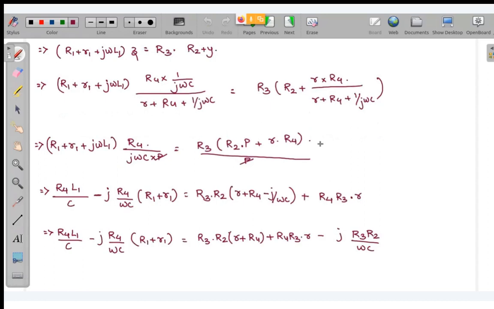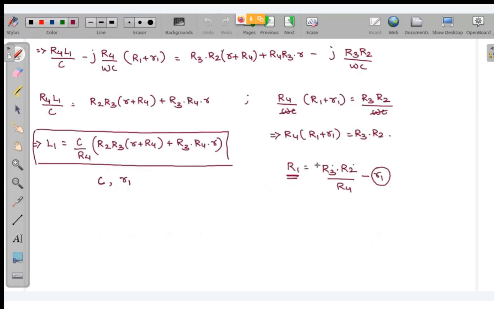So one thing to note is that your Anderson bridge is independent of frequency. First point: Anderson bridge is independent of frequency, not a function of frequency. Okay. Is it clear?